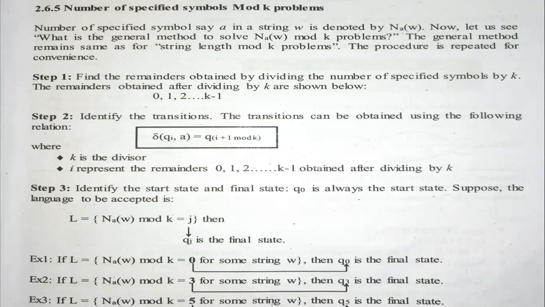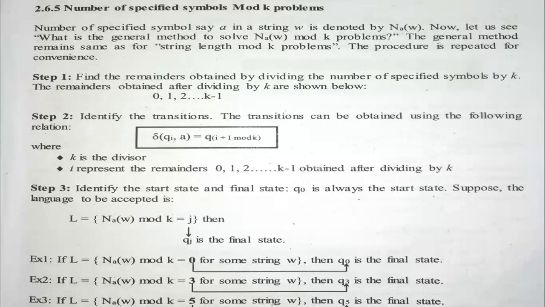Means in a string that is a combination of A and B, the DFA should accept a string having multiples of 3 number of A's. If you have 3 A's in that string, and B's in any other places, then also no problem.